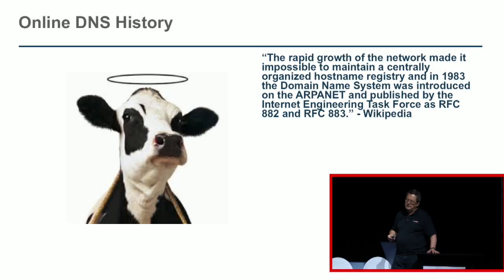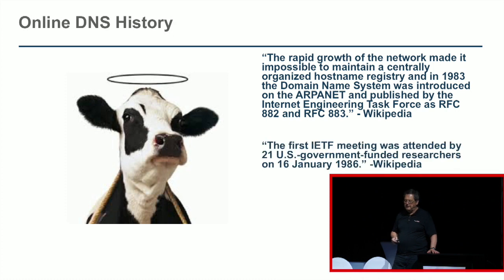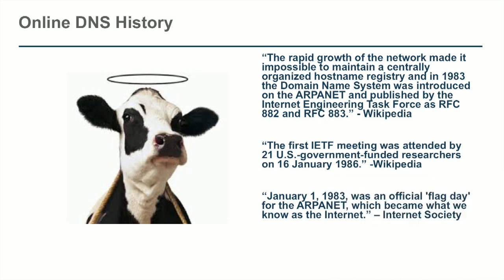Well, the problem with that is they also say that the IETF had its first meeting 3 years after it supposedly invented the DNS. And the DNS was invented for ARPANET, but the ARPANET was shut off on January 1st of 1983. So there's a lot of fake history here.